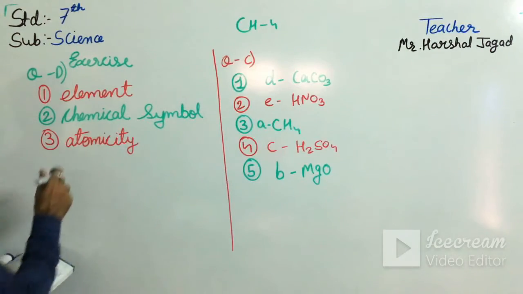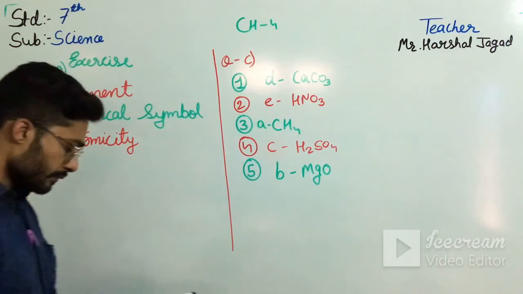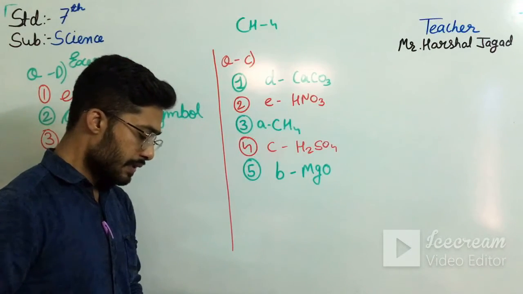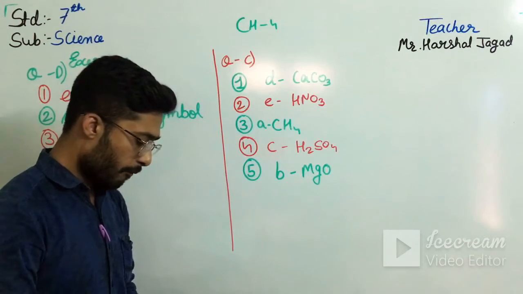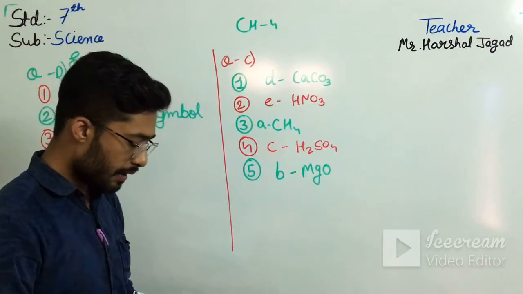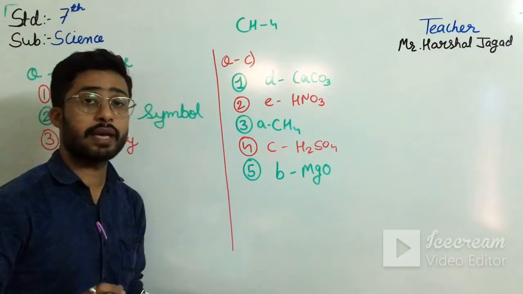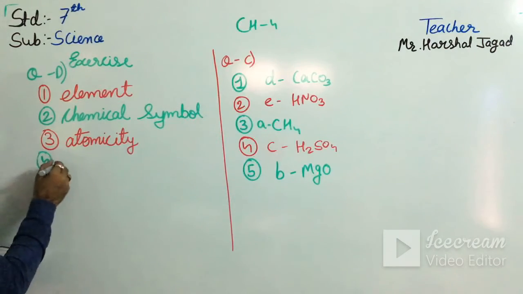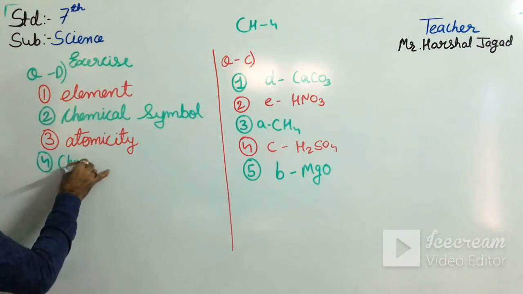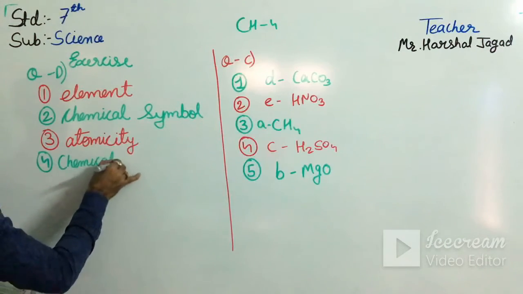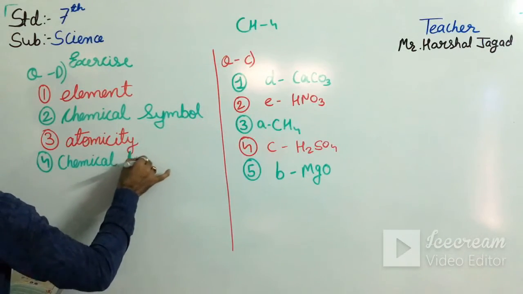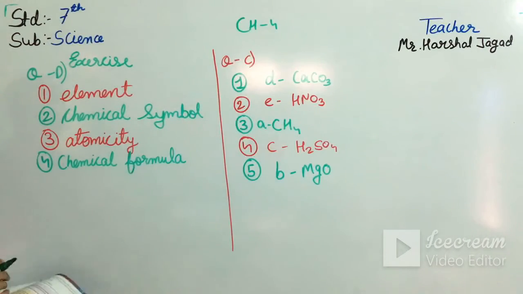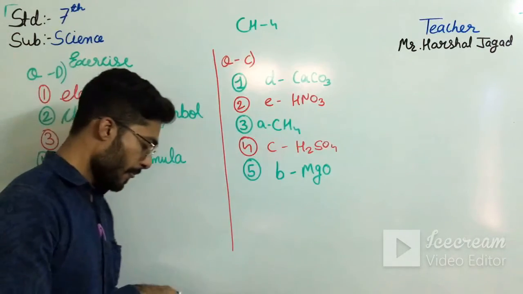Fourth one, the representation of a chemical reaction using symbols and formulas for reactant and product, that is known as chemical formula. Fourth one, that is known as chemical formula.